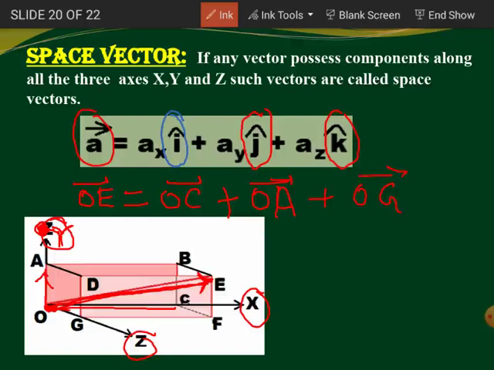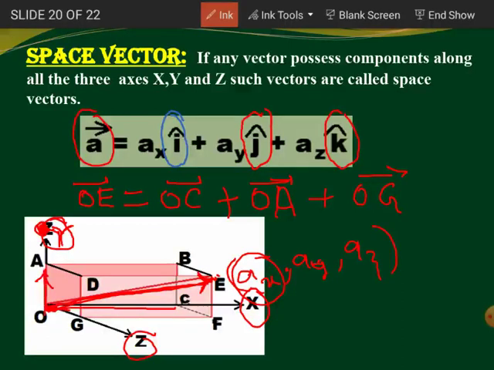So what happened, if the point E has coordinates Ax, Ay and Az, then your OC will be equal to Ax.